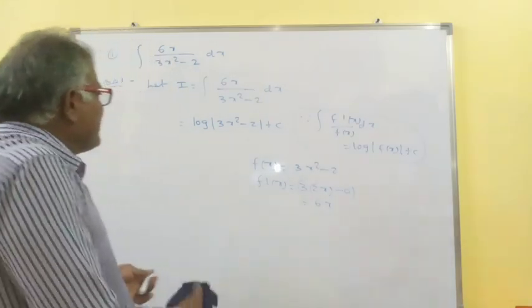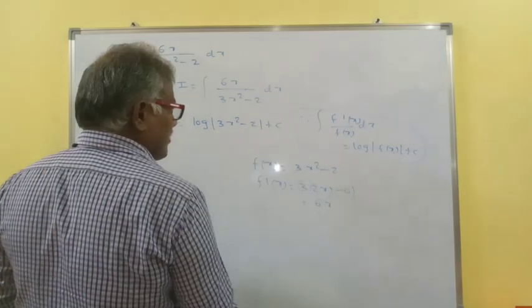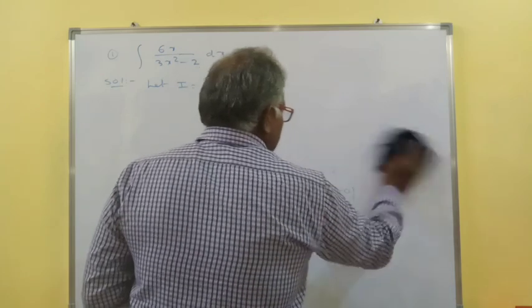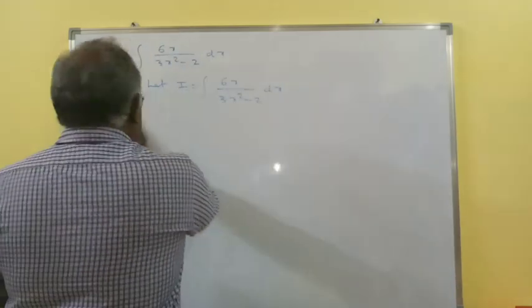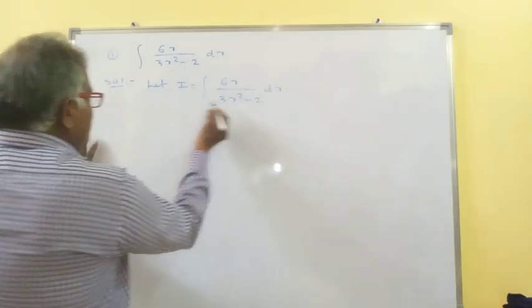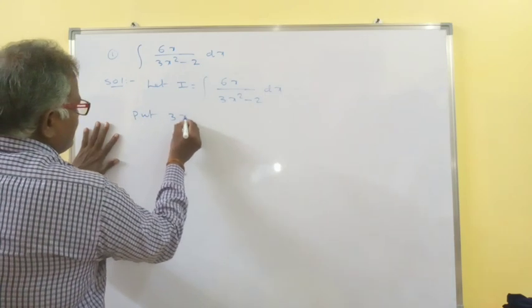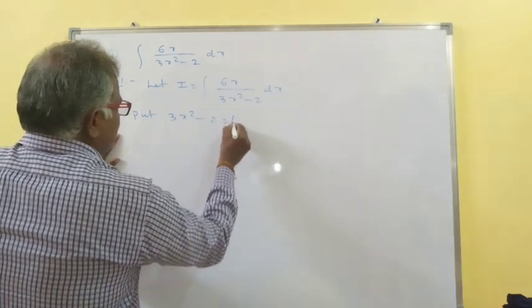Next, or else suppose you don't know the formula, so what you have to do is simply, suppose some student may forget this one, what he can do is put 3x square minus 2 equal to t.